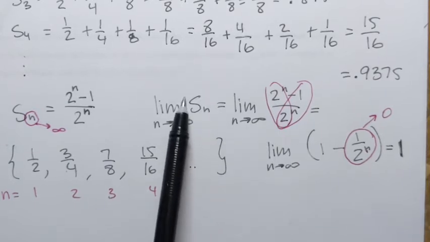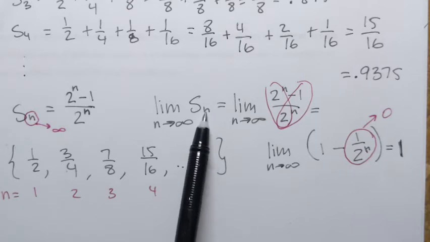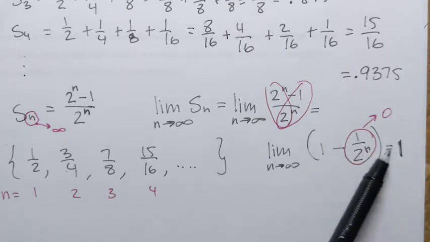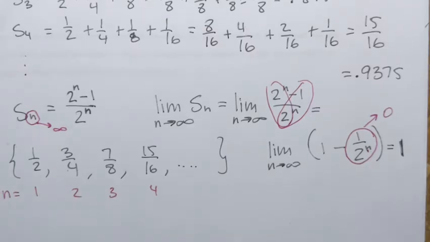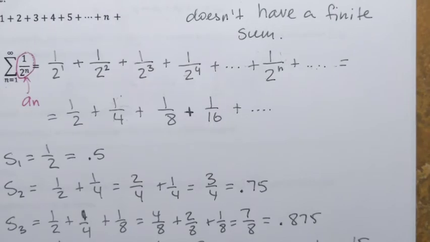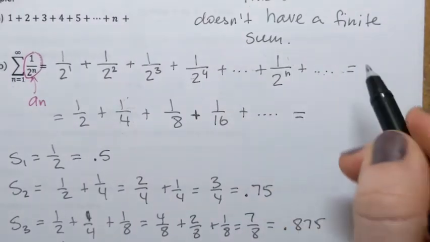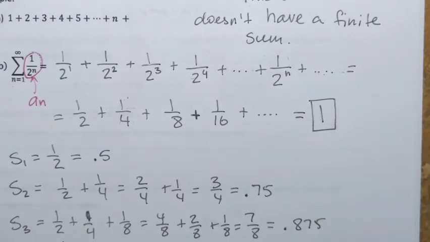Well, remember we found the limit of the nth partial sum, letting n approach infinity. So that is what the infinitely large sum equals. So if we add all terms of the series, then we're going to get 1. That's what that sum equals.